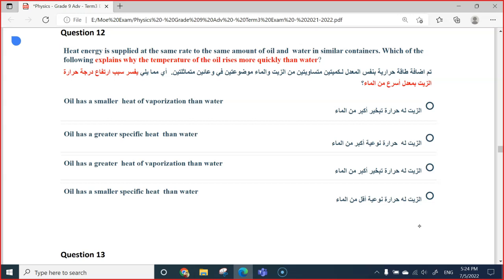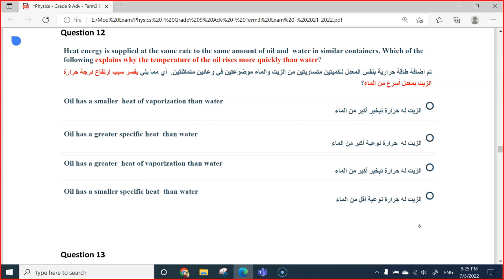If we take the example of wood and iron, if you heat a wooden stick and an iron rod, the iron rod becomes hot faster because its temperature increases faster. The reason is the specific heat of iron is less compared to the specific heat of wood.